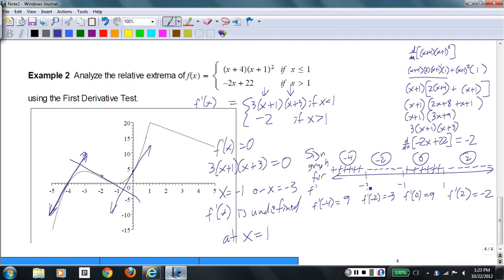So that's the conclusion. F has a relative maximum at x equals -3. That's one conclusion that we have, because f prime is positive to the left and f prime is negative to the right.